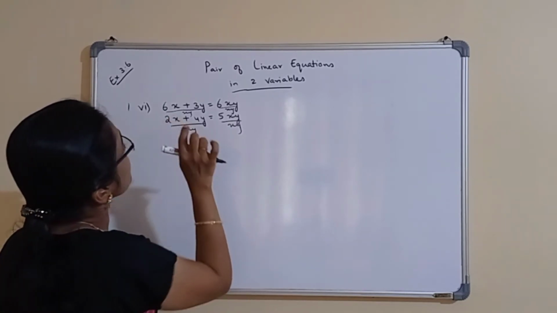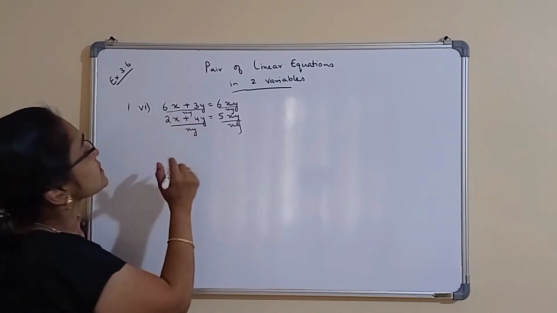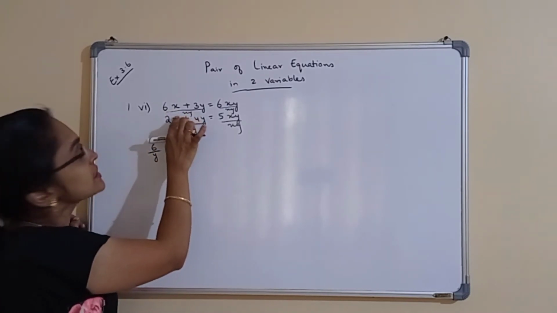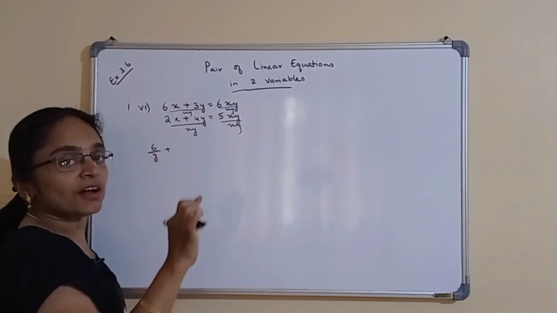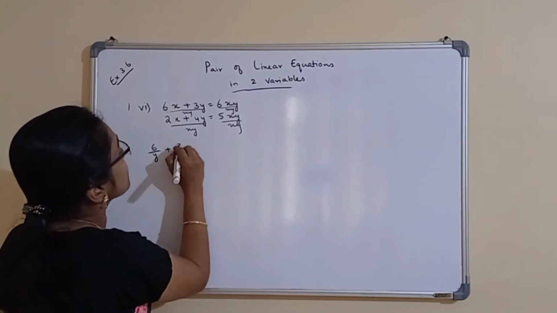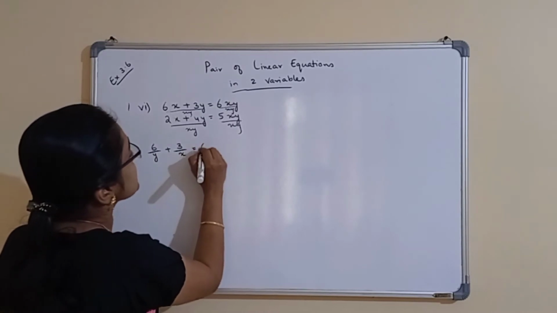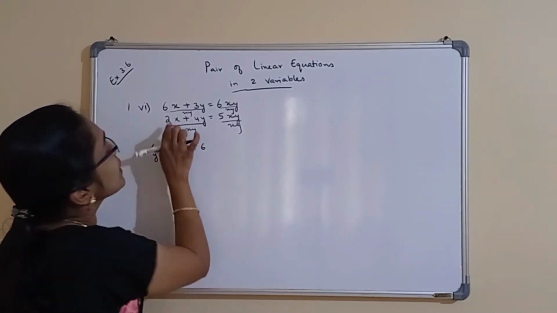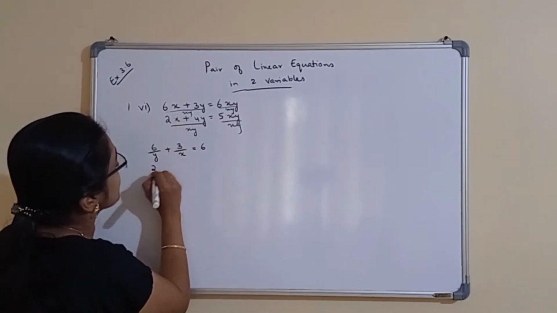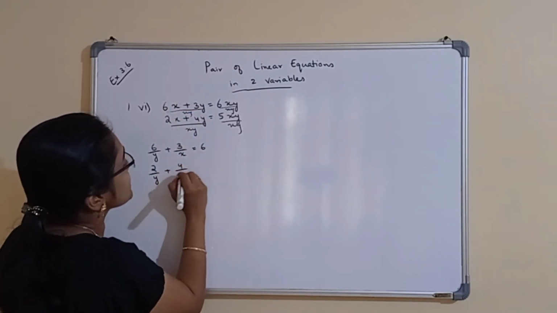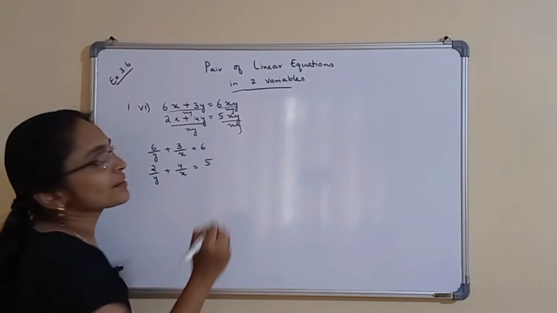So when you divide by xy, 6x by xy is 6 by y, and 3y by xy is 3 by x is equal to 6xy by xy is 6. And here we have 2x by xy is 2 by y and 4y by xy is 4 by x is equal to 5.